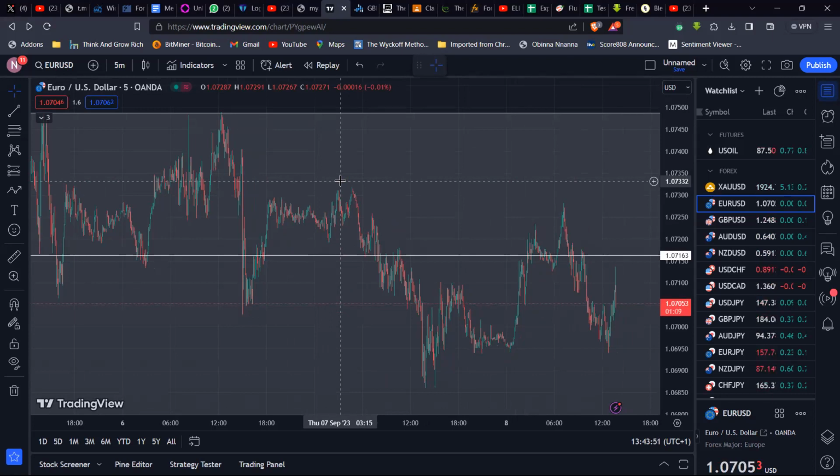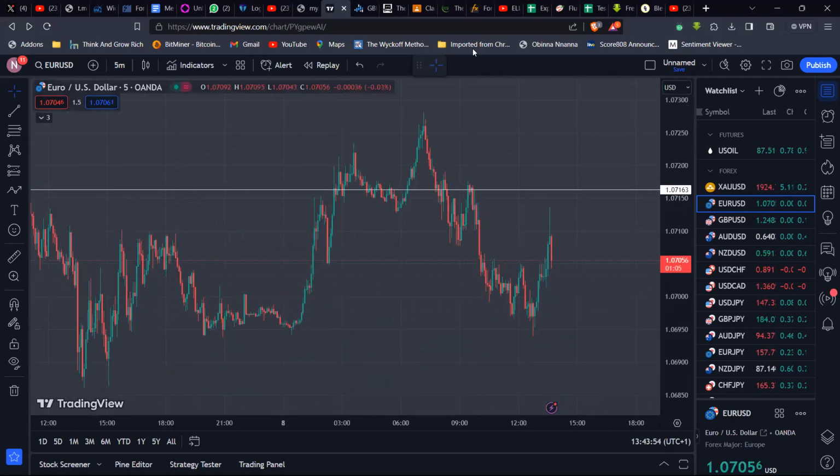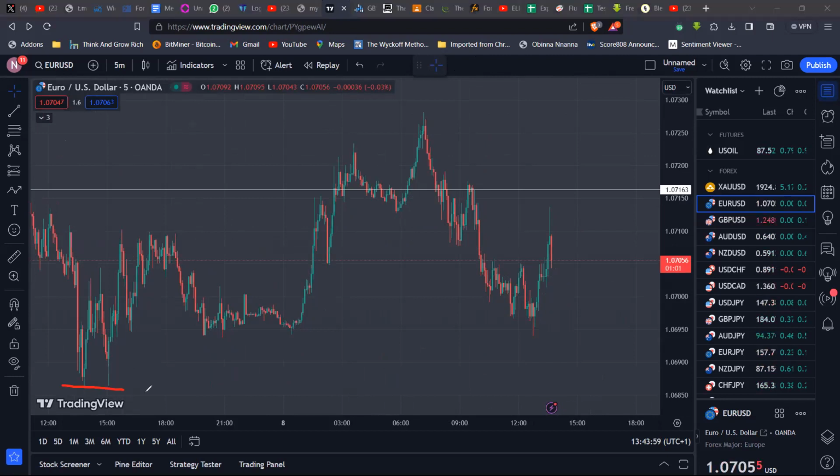So let me look at this. You'd see this price made this low here, broke above this high, made a new high, made a new low, right? So right now we've made a higher low to a new higher high.